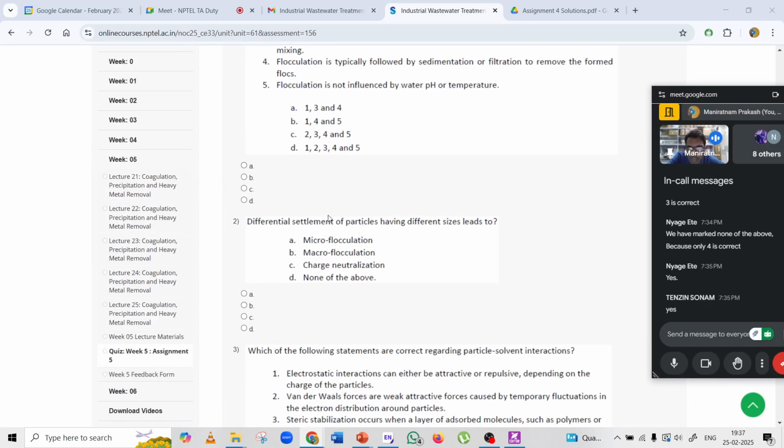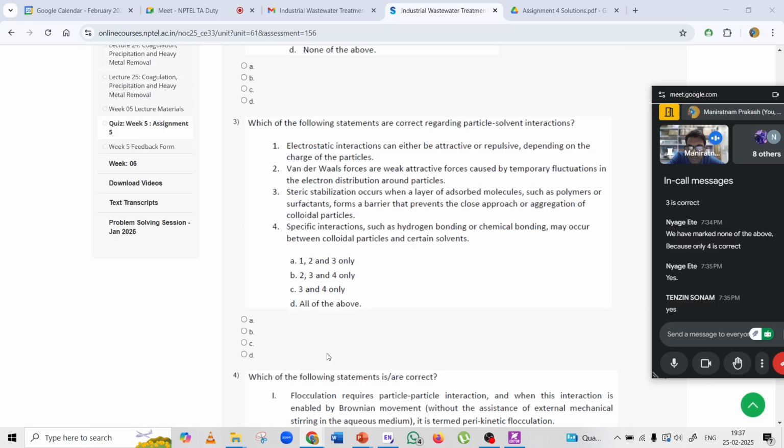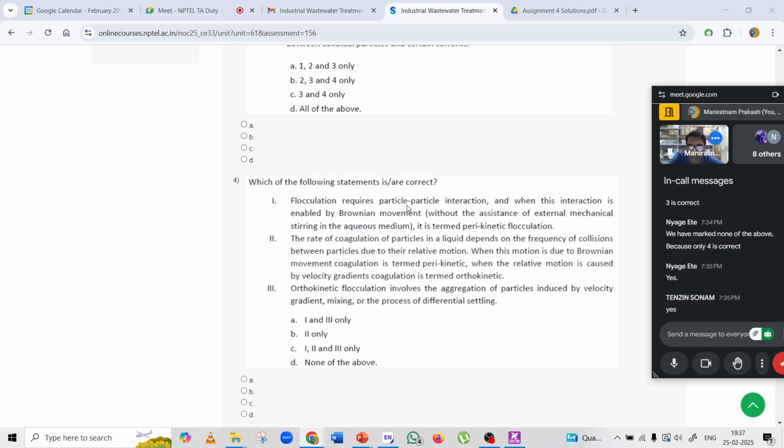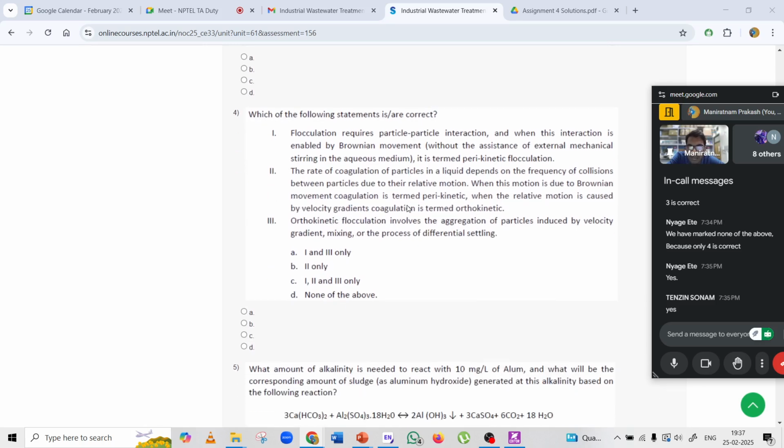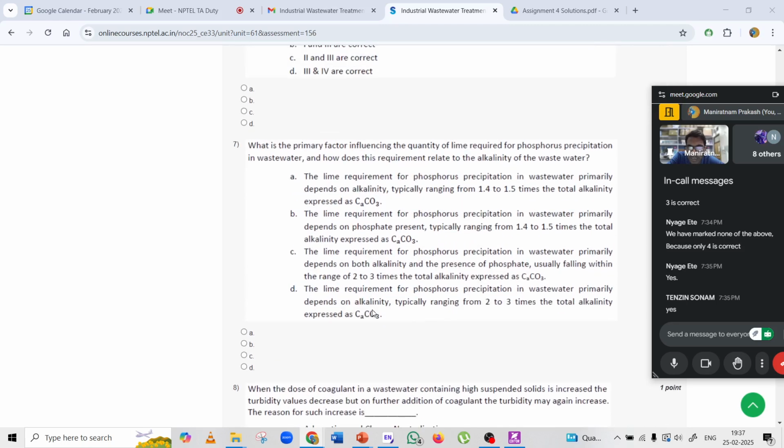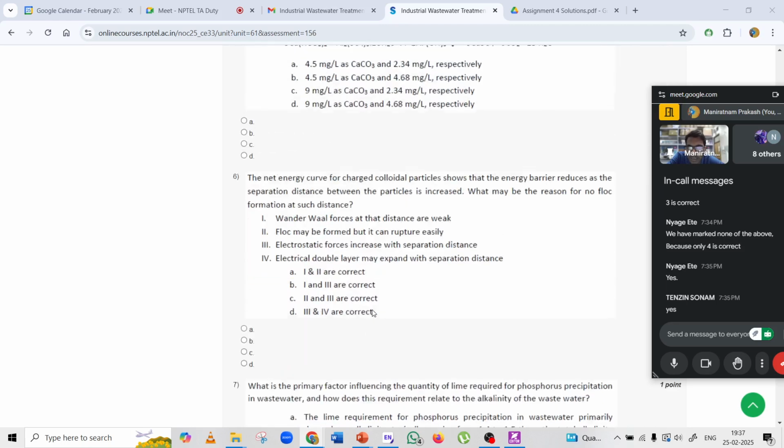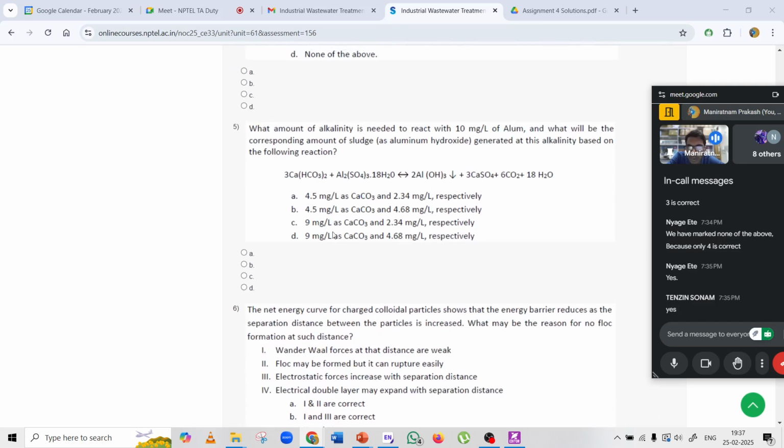Here you can see the same type of question. Yes, we have discussed this. D will be the correct answer. We discussed it a few minutes ago.